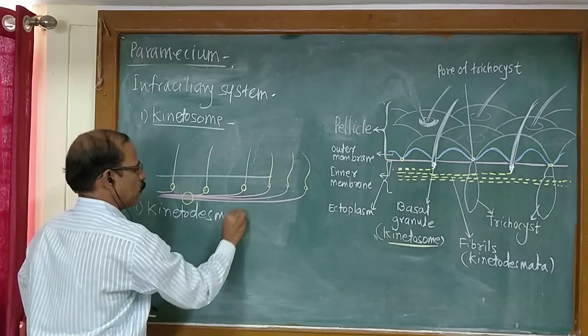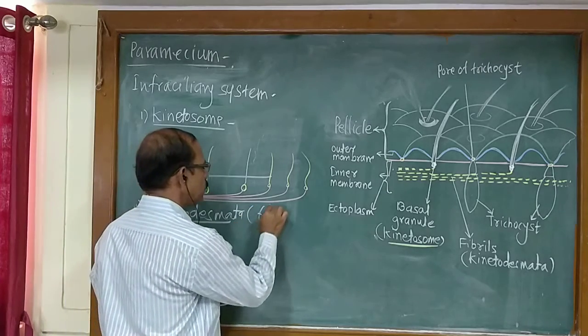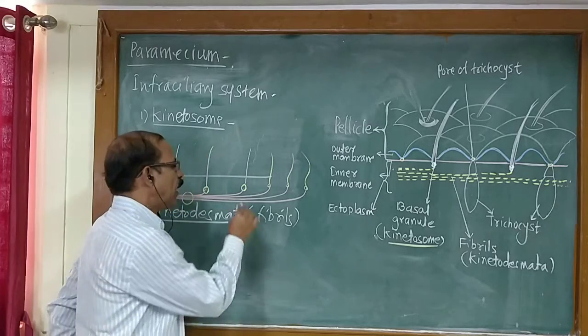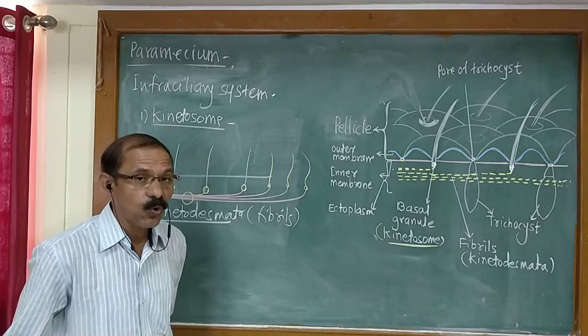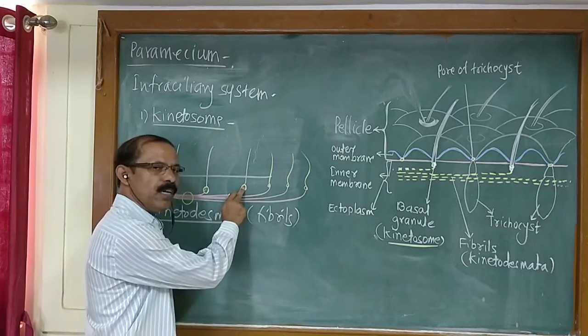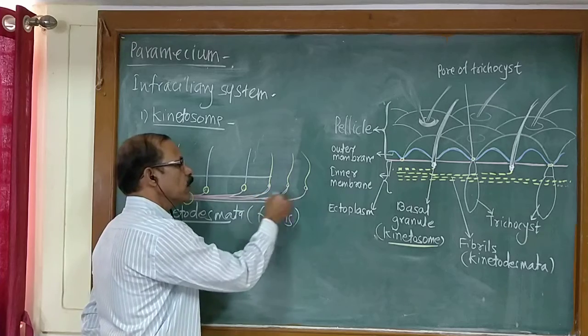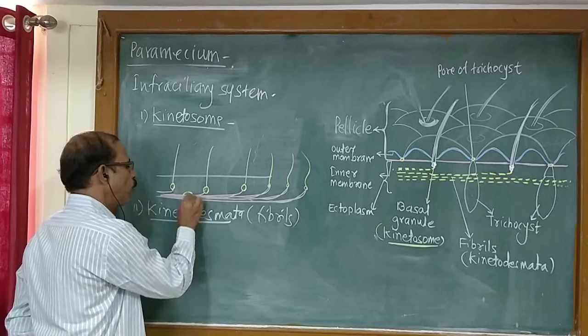So the second part of the infraciliary system is kinetodesmata. What is kinetodesmata? These are the fibrils. From where do they arise? They arise from the kinetosome. What is the kinetosome? This is the basal body of cilia. From each basal body of cilia, these fibrils run longitudinally and form a bundle.